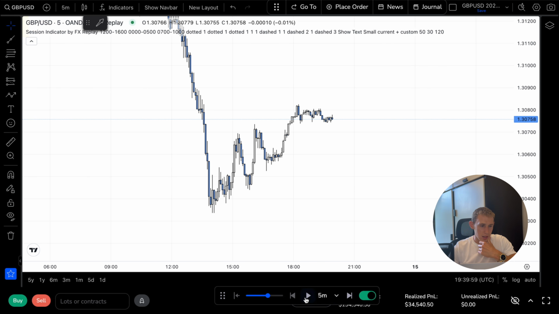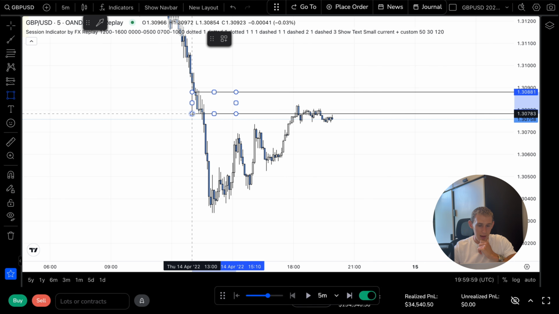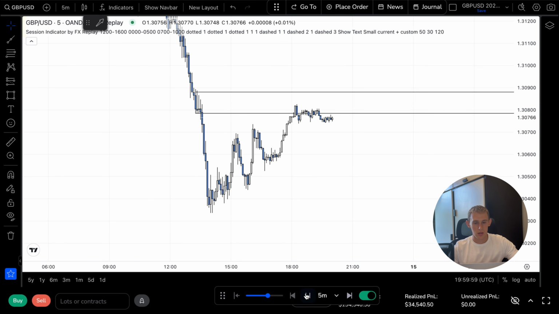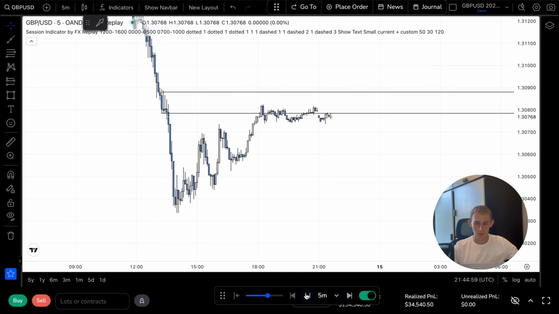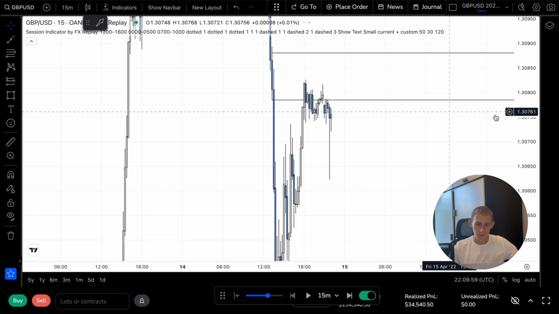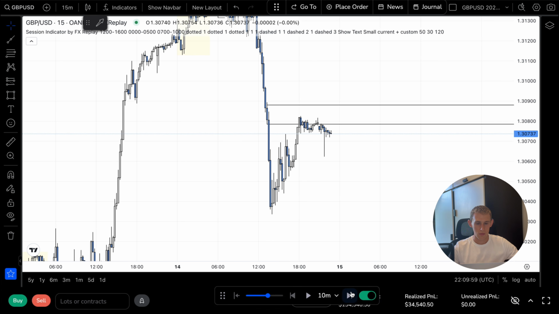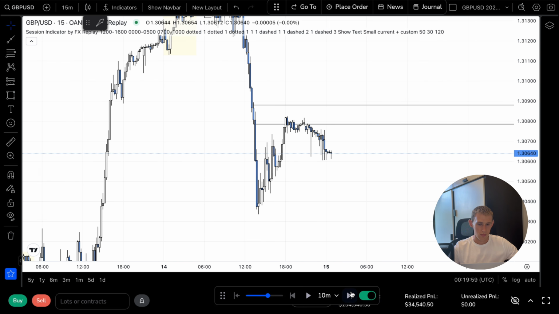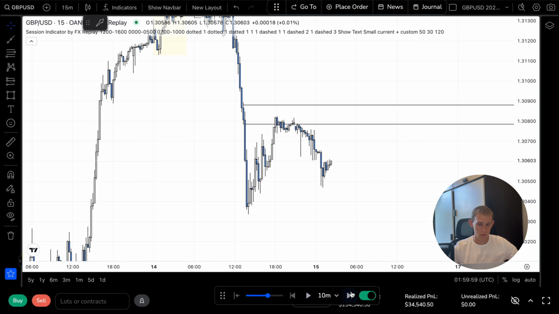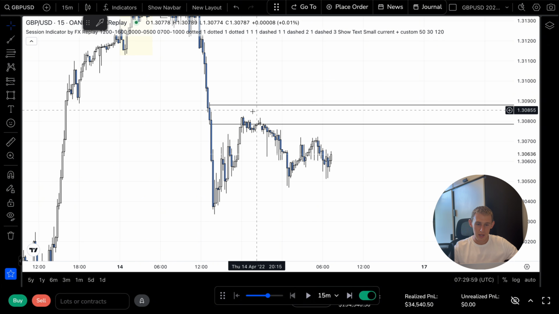We've got this 5-minute supply to the left. Nothing in terms of entries just yet. I'm not too keen selling below these highs.